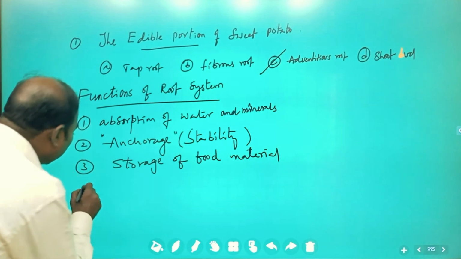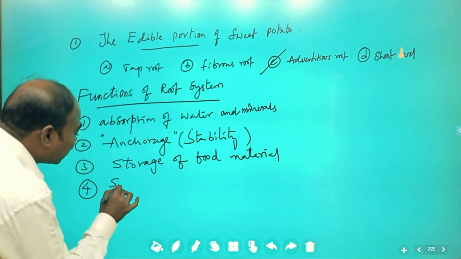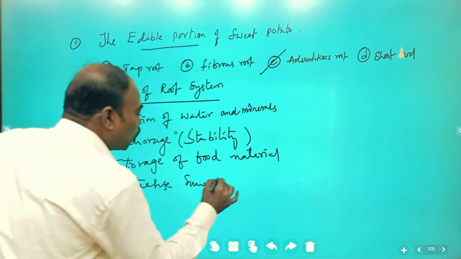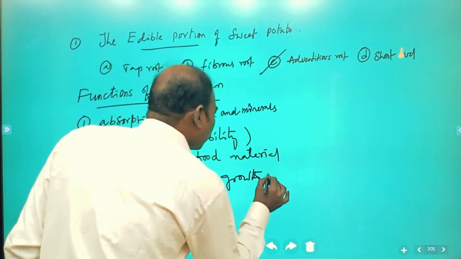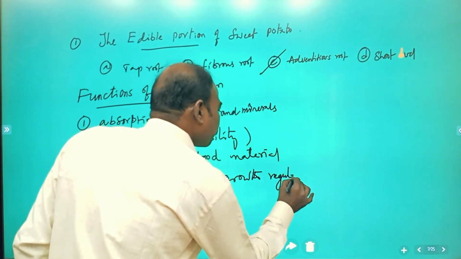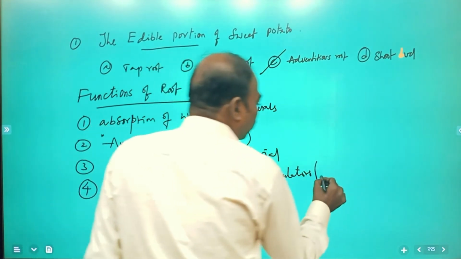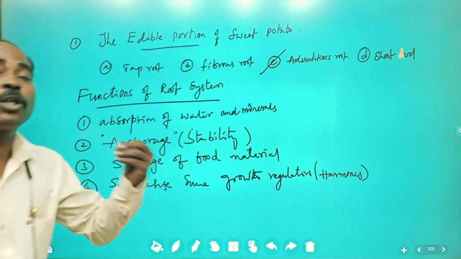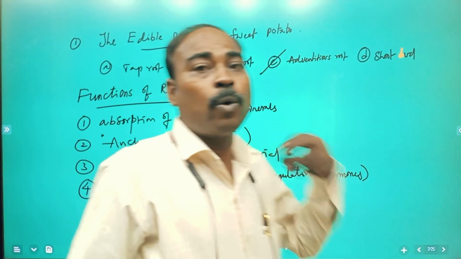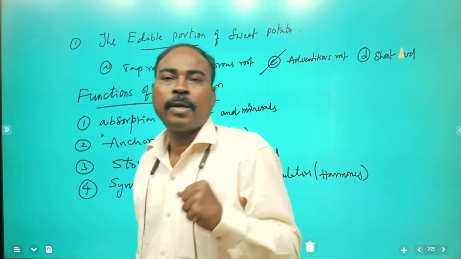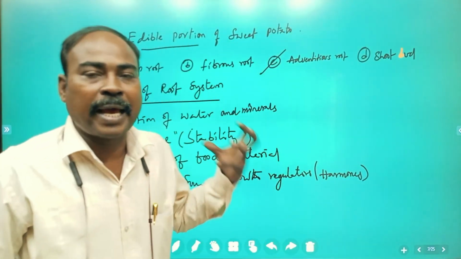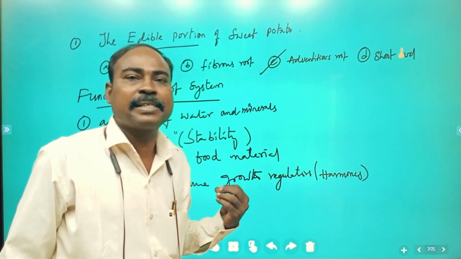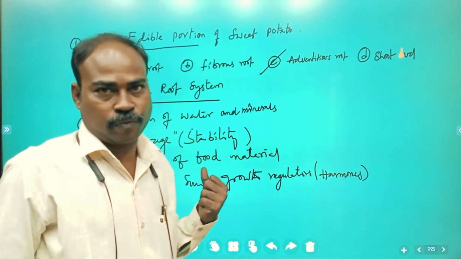And finally, the root system is useful to synthesize some growth regulators or hormones. Some growth regulators or growth hormones like auxins, cytokinins, gibberellins, abscisic acid, and ethylene are the growth regulators.